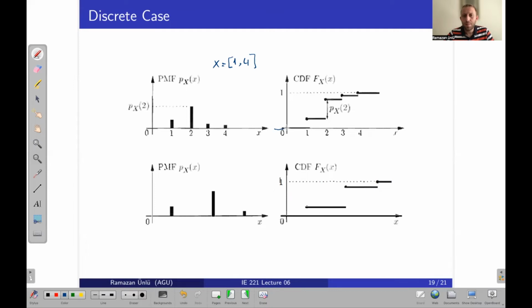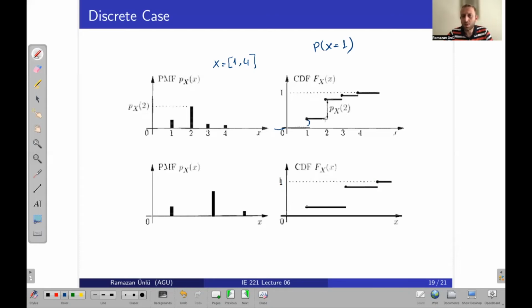And until some point, which is 1, because it's the smallest value of the random variable, the probability will stay the same, and at that point there will be a jump. This jump corresponds to the probability of x equal to 1, and then it will stay the same until the next possible point x can take, which is 2, right?